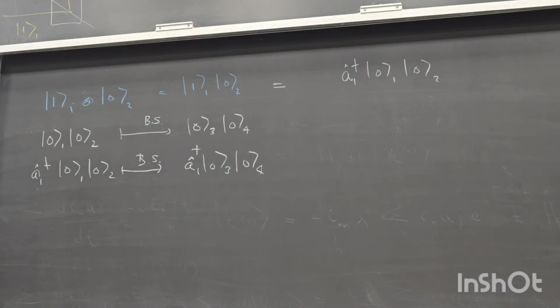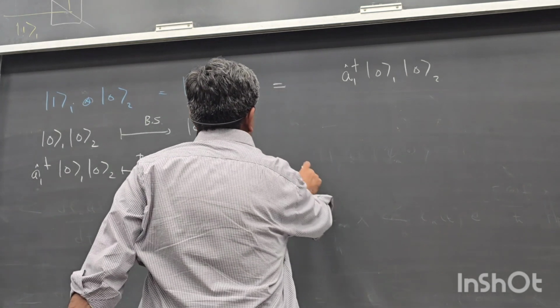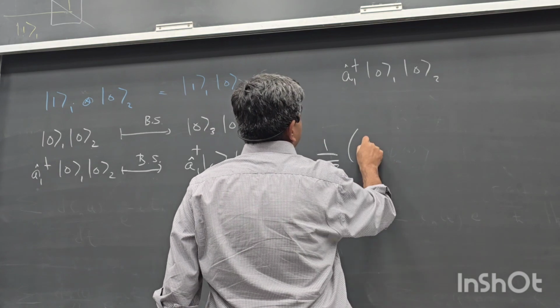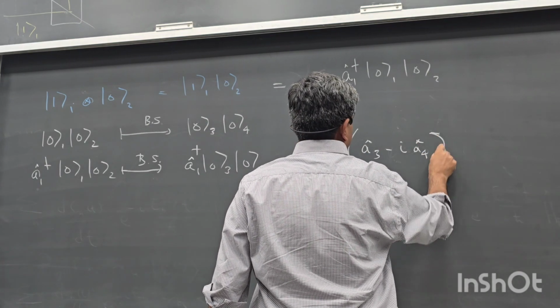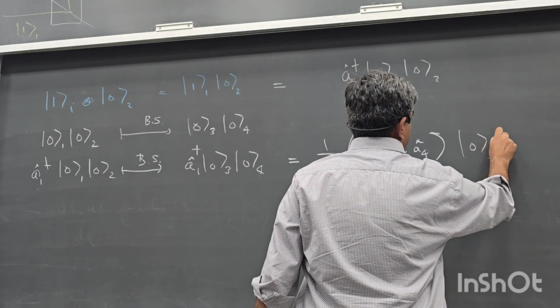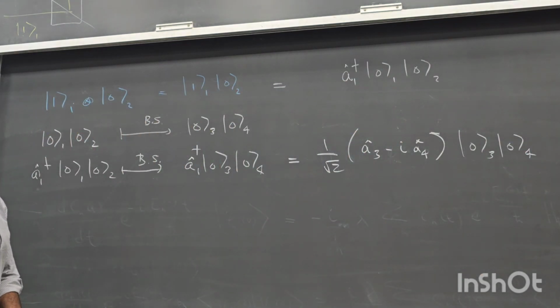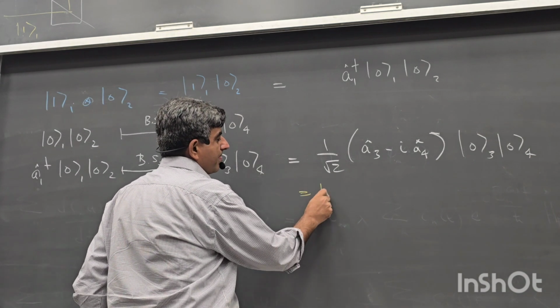Correct? Now the A1 dagger is replaced over there by A3 dagger minus A4 dagger, correct? Yes, sir. Now it's really nice, 1 over root 2.